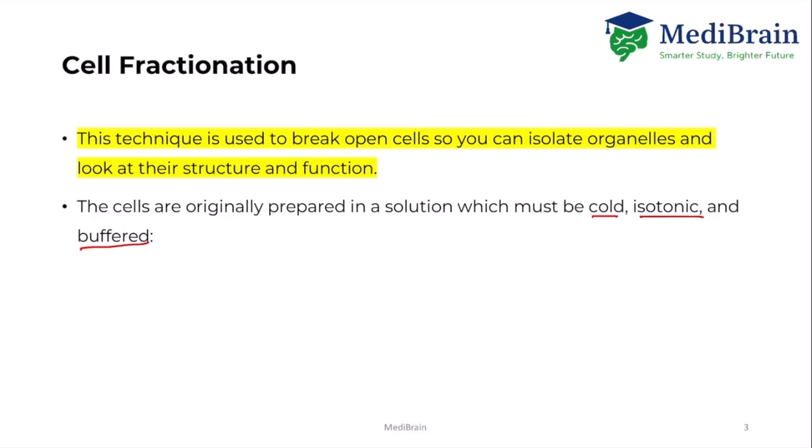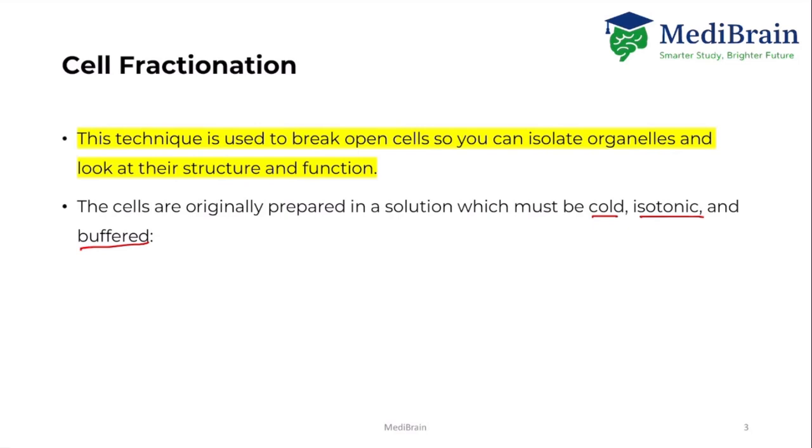The first step to that is we need to break open the cell. Okay, and how we do that, first of all, if we have a large piece of plant tissue or something, we use a knife to cut it up into really small pieces. And once you've got it into really small pieces, you can mix it into a solution, because when you mix it into a solution, it will make the pieces even smaller.